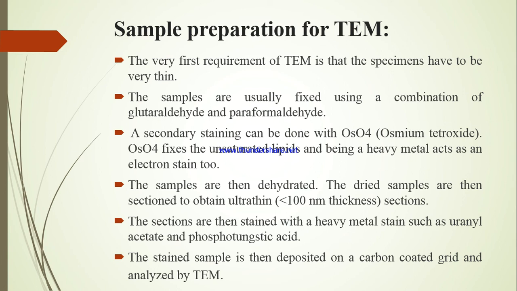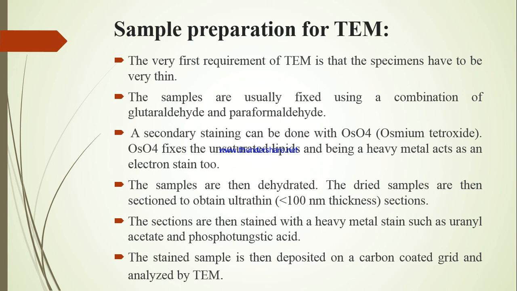The samples are then dehydrated. The dried samples are then sectioned to obtain ultra-thin sections. The sections are then stained with heavy metal stains such as uranyl acetate and phosphotungstic acid.